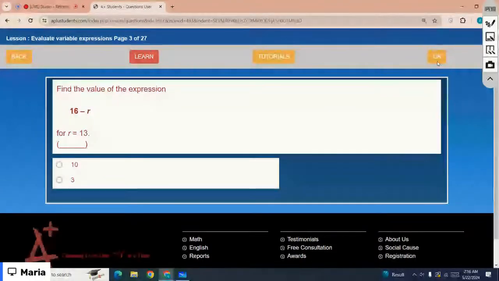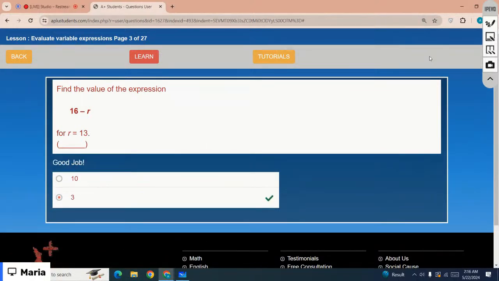Very good. The correct option is 3. 16 take away 13 is 3.